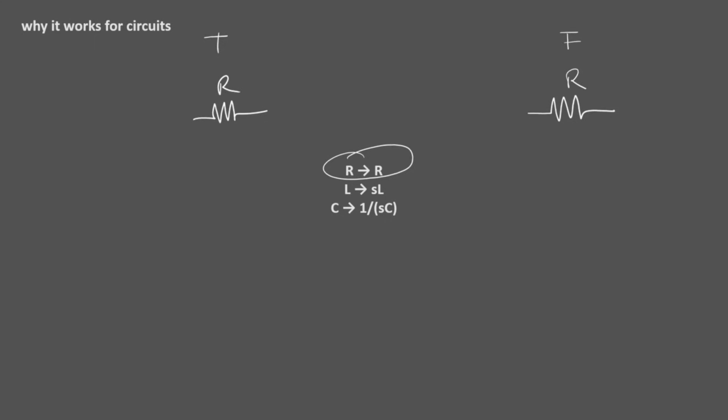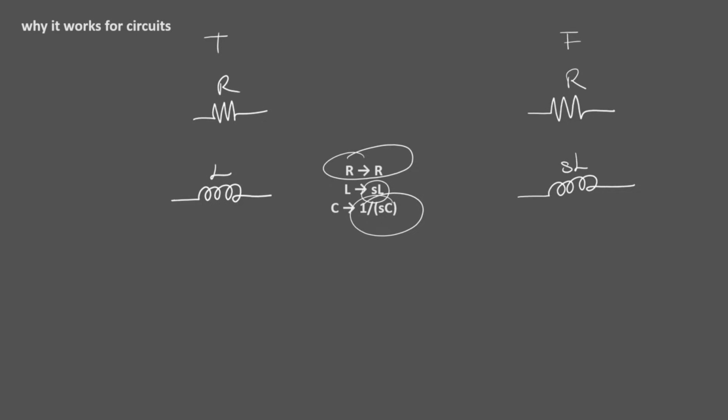But with inductors and capacitors, this SL and 1 over SC become their impedances. All right. So let's do a little tease. I didn't plan to do this. This is L in the time domain, and then we're going to have SL in the frequency domain.